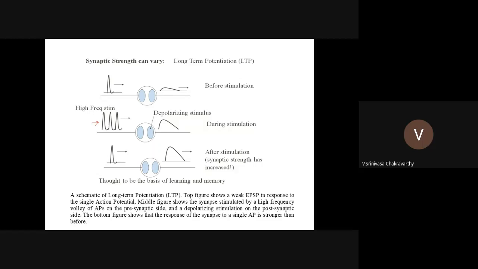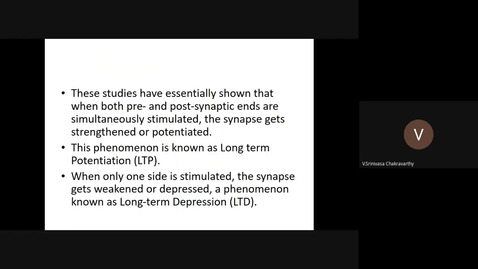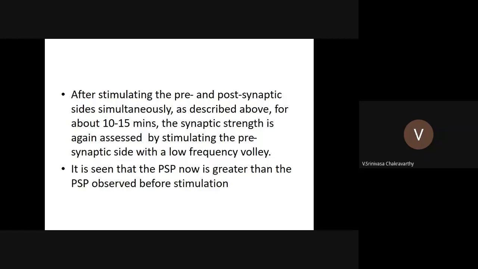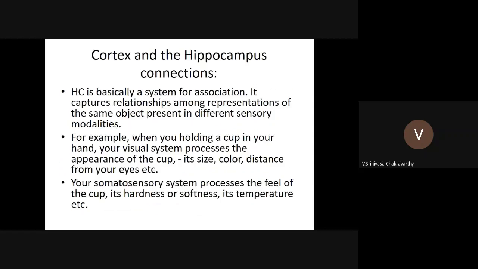After that, the synaptic strength goes down, and that is called LTD. A lot of these studies were done in the hippocampus, and all this evidence created a strong case for the hippocampus as a memory system, which inspired and triggered a lot of research on the hippocampus.